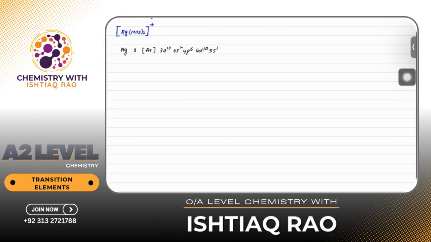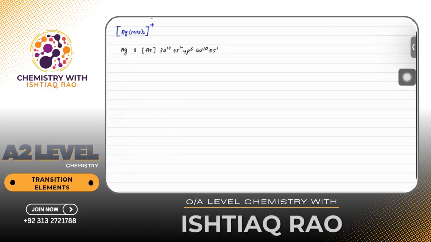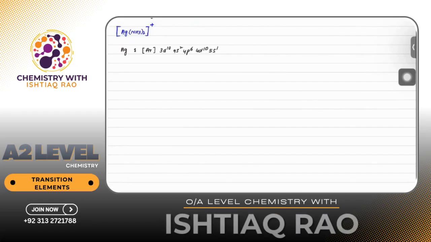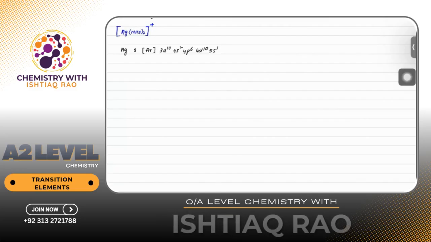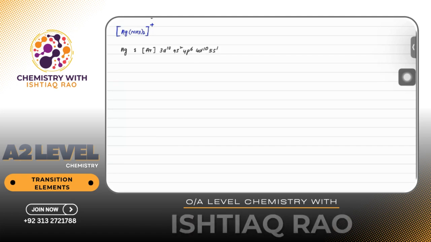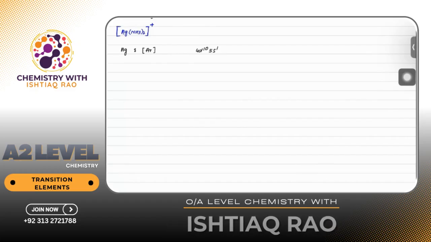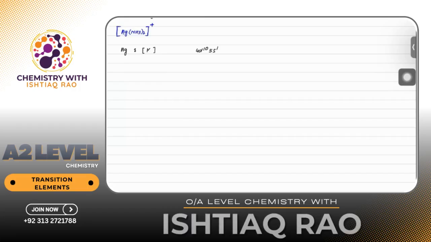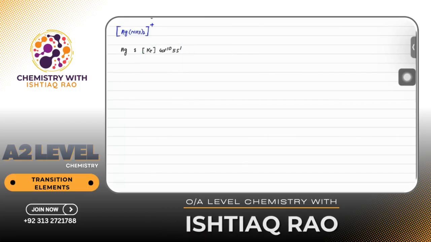We can write krypton as well. Krypton is 36. So 18 plus 10 is 28. Then 28 plus 2 is 30. 30 and 6 is 36. So I can also write this configuration as krypton, that is 36. So this would be the electronic configuration for silver.